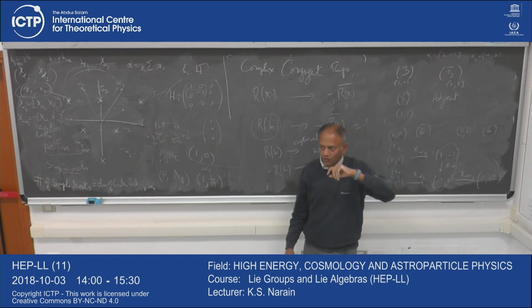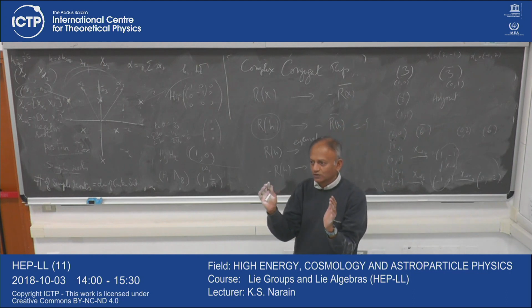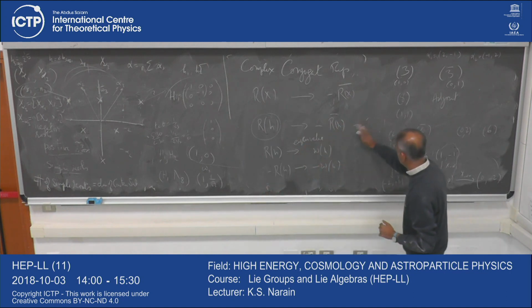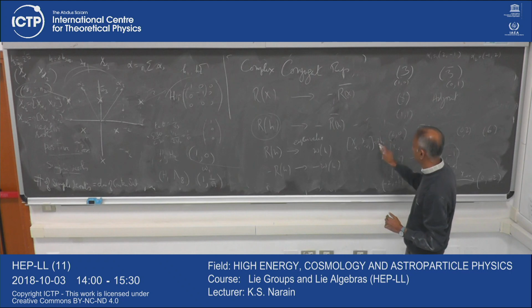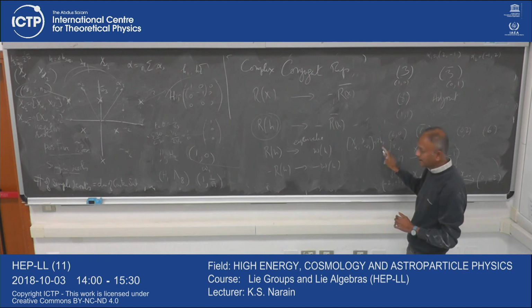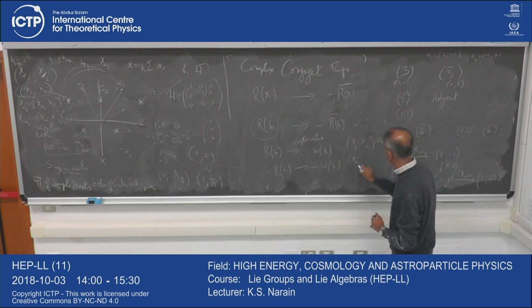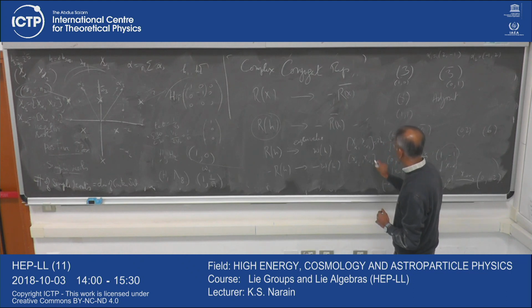Why? Because H1 and H2 are exactly what appear in the two SU(2) subalgebras. The commutator of X alpha 1 and X minus alpha 1 involves H1, maybe 2H1, some number times H1, right? Whereas X alpha 2 with X minus alpha 2 involves H2.